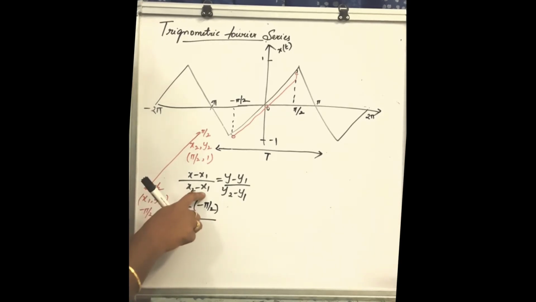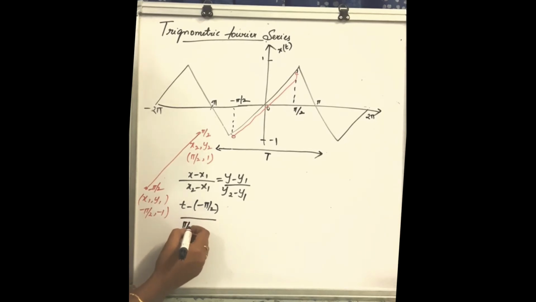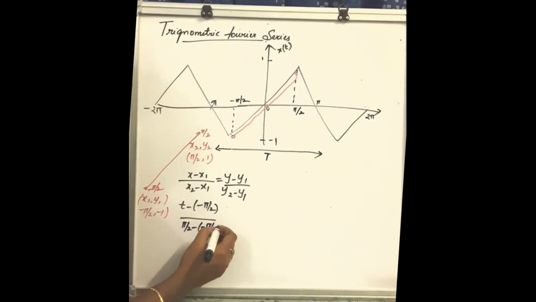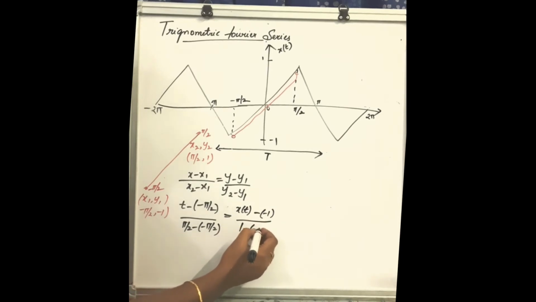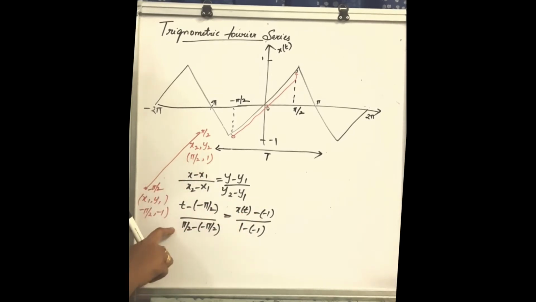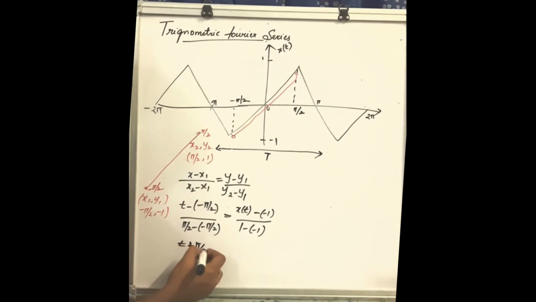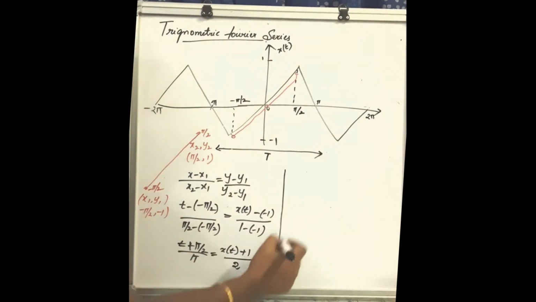Again x2 minus x1 is pi by 2 minus of minus pi by 2, is equal to y, as already said, x of t minus of minus 1 by y2 minus y1. We have substituted all the values. Now please simplify the above equation to get the value for x of t for the interval minus pi by 2 to pi by 2.